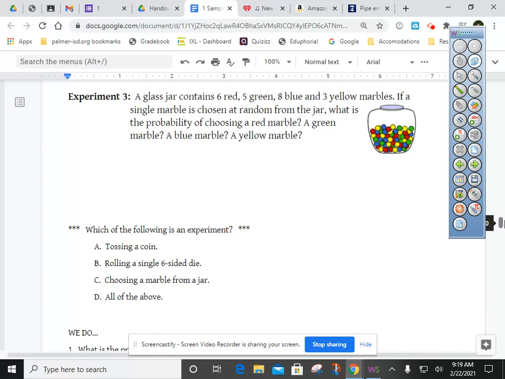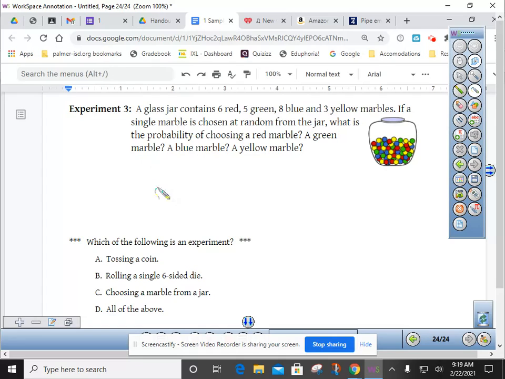Experiment 3. A glass jar contains 6 red, 5 green, 8 blue, and 3 yellow marbles. If a single marble is chosen at random from the jar, what is the probability of choosing a red marble, a green marble, a blue marble, a yellow marble? What is the probability of choosing a red marble?